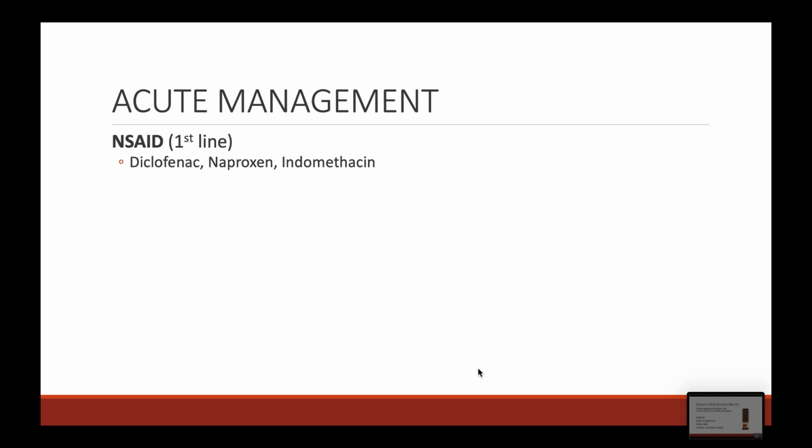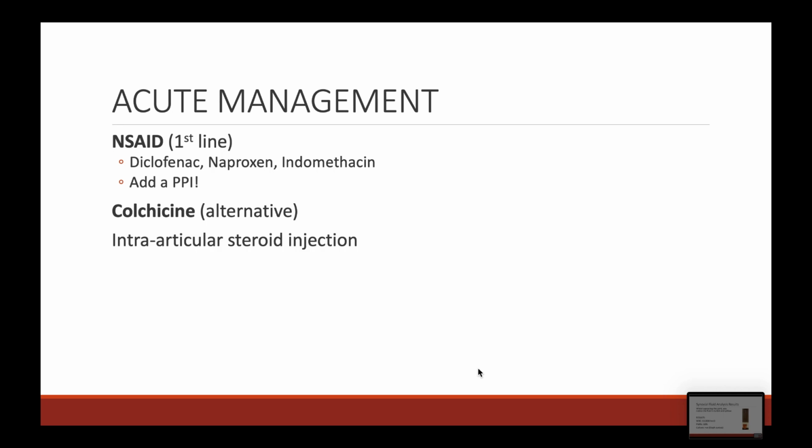And to protect the gut lining, you would add a PPI. So you would consider using colchicine if they have these contraindications as an alternative. And the main side effect that you need to be aware of is diarrhea. You can also consider intra-articular steroid injections.